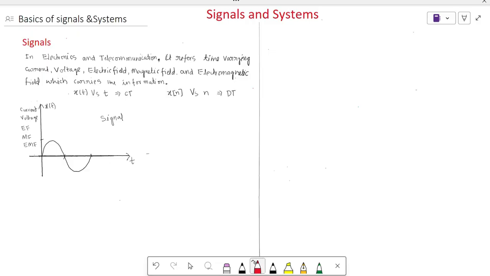Then, signal representation. This is very important.